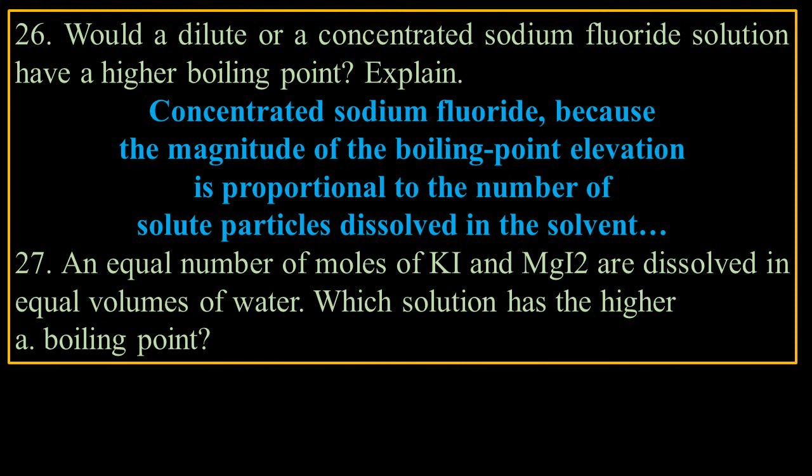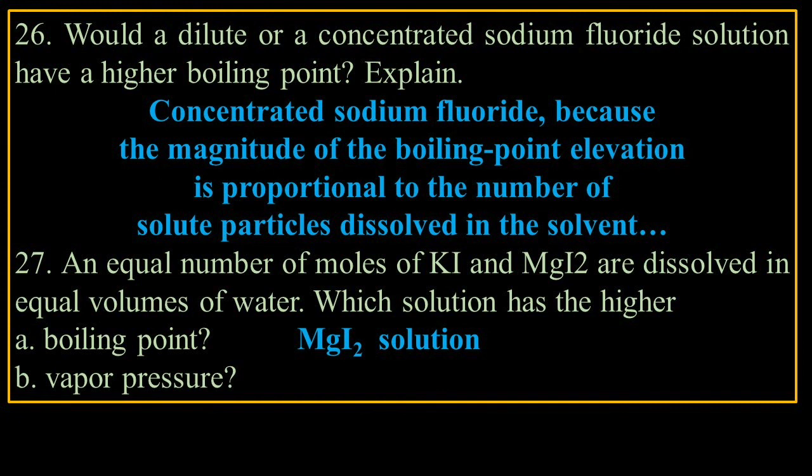For each mole of magnesium iodide, you have 3 moles of particles. So for every mole of potassium iodide, you only have 2 moles of particles because of the dissociation. So the next would probably be another colligative property, such as freezing point, or vapor pressure in this case. And let's wait and see.